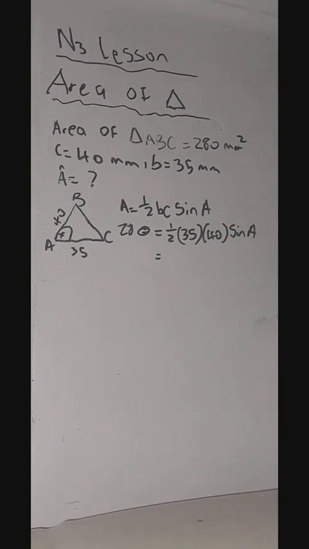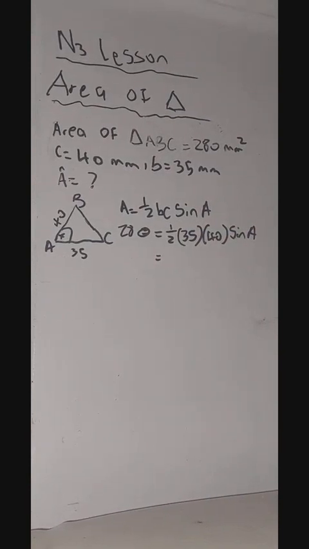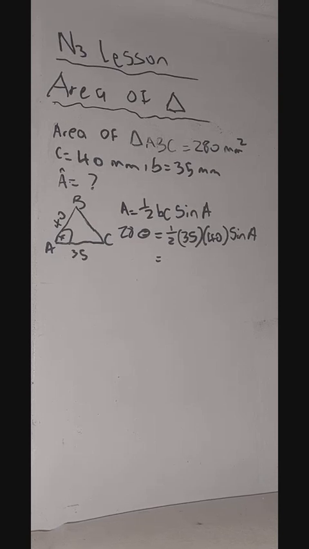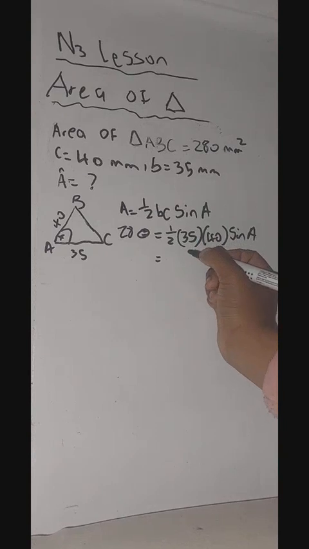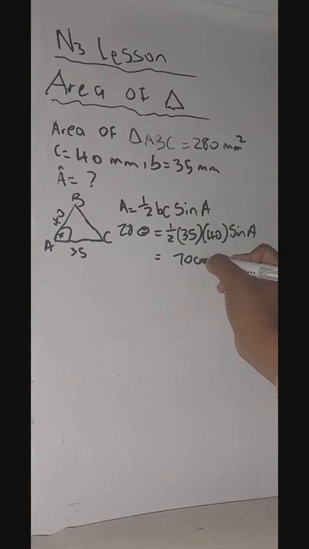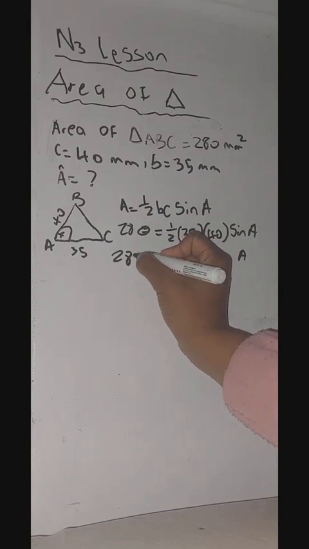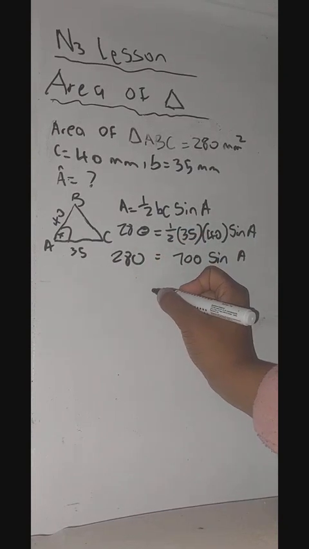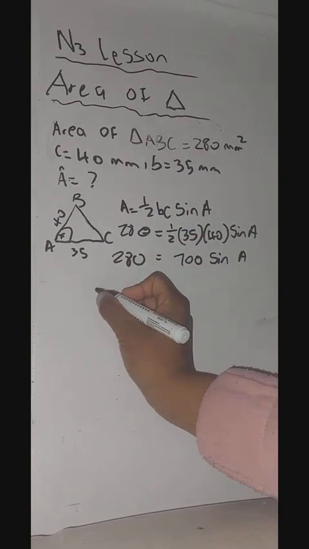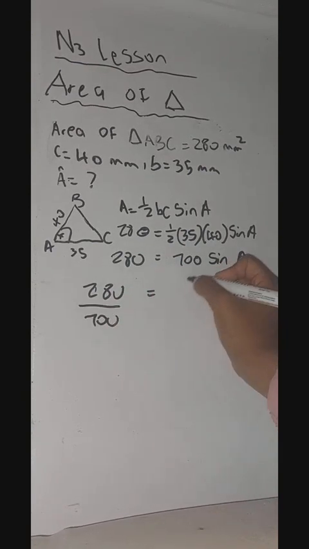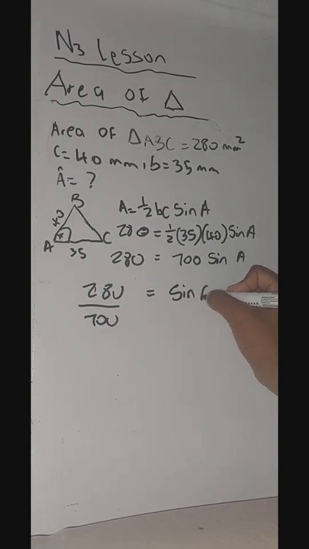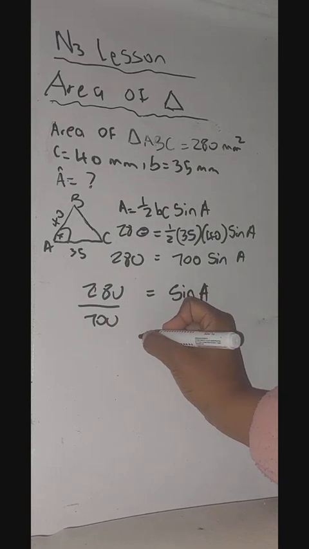Let's just simplify that: half of 35 times 40 gives 700 sine A, equal to 280.